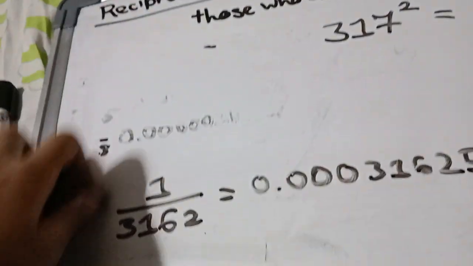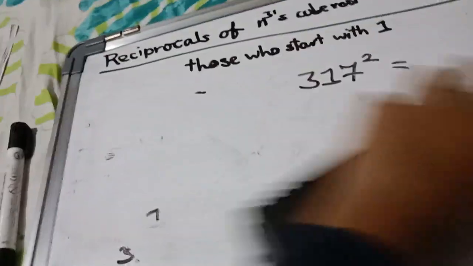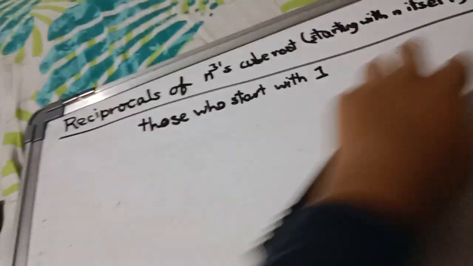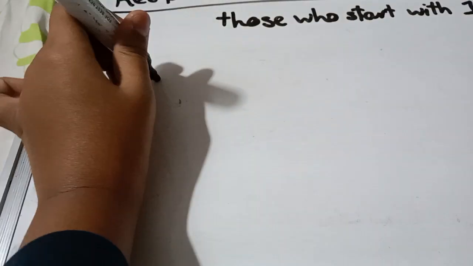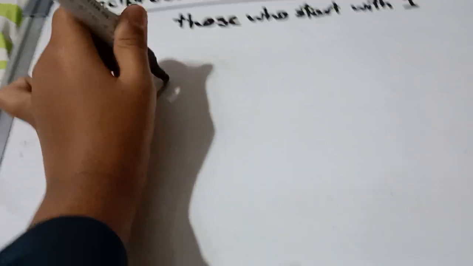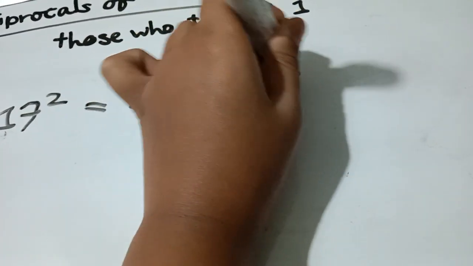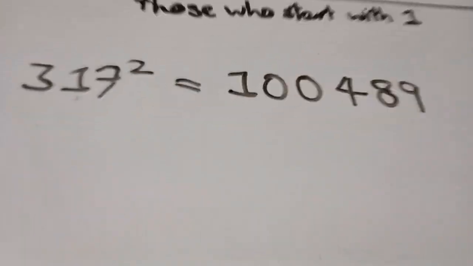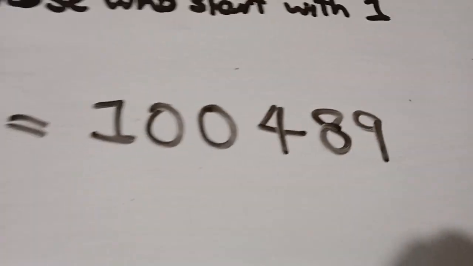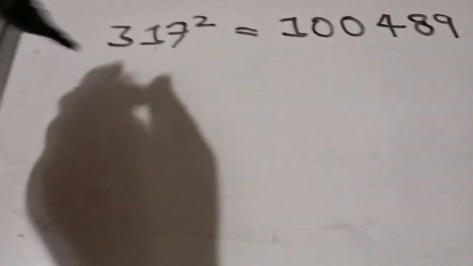By the way, I'll erase this part because I'm running out of space. So 317 squared is 100,489. Yes, 100,489.